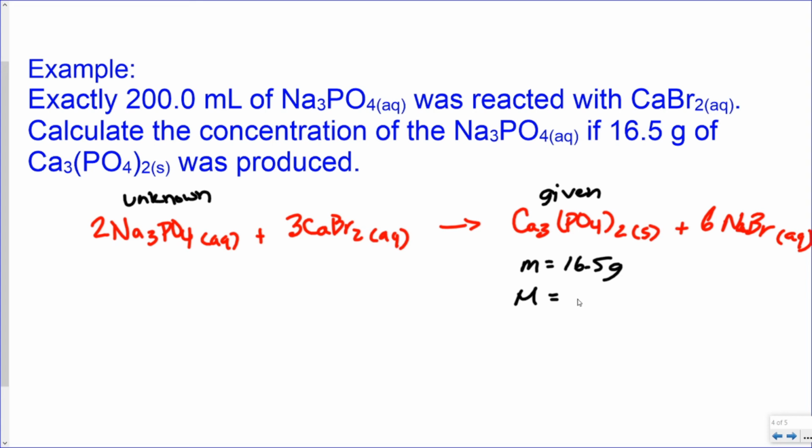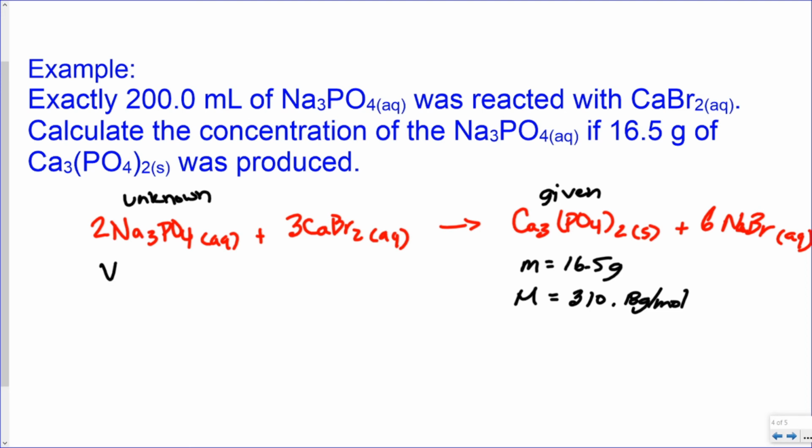I'm just going to give you that number, 310.18 grams per mole. You can do that calculation on your own, but it should be 310.18. So we're given a mass and a molar mass, so this looks so far just like a gravimetric question. What about for our unknown? Well, wait a sec, we're given a volume of our unknown, right?